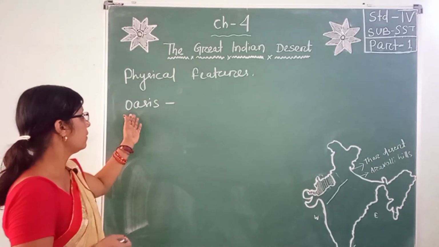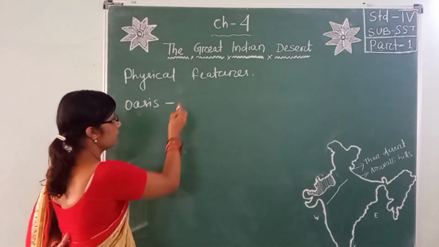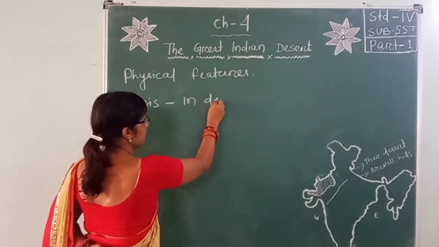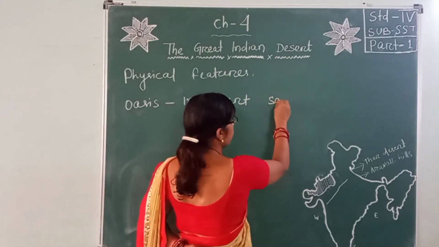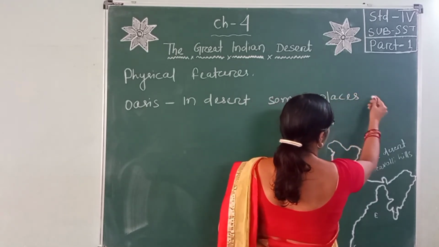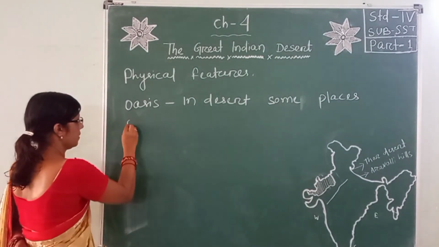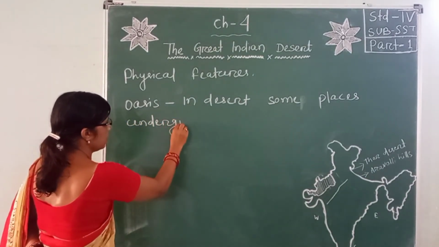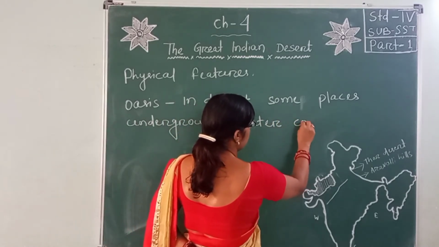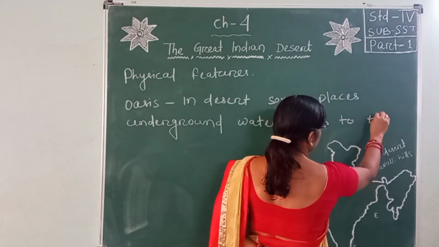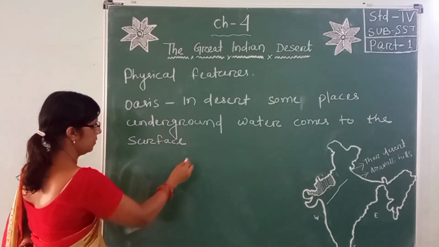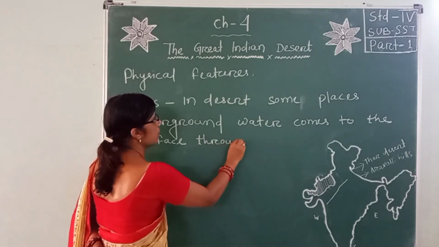So what is the meaning of oasis? Sometimes in the desert, at some places underground water comes to the surface through a spring.